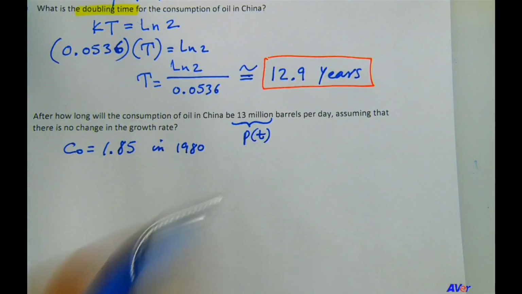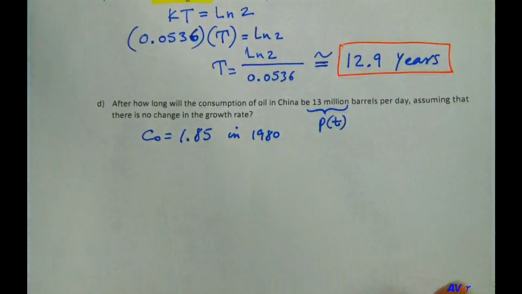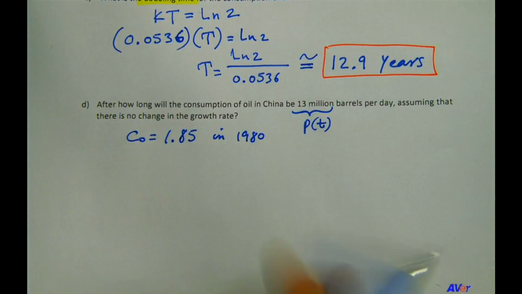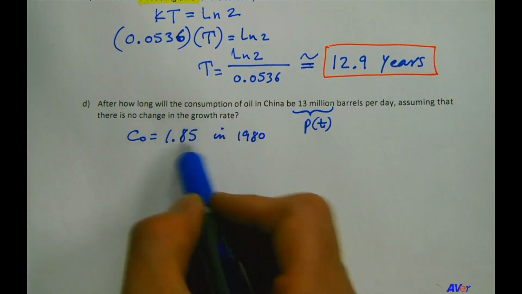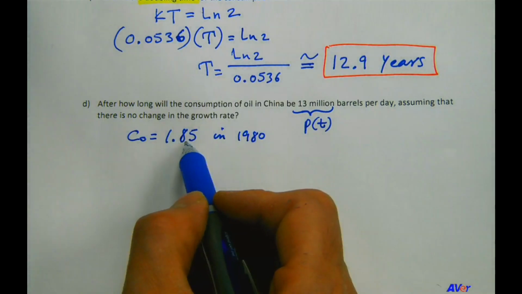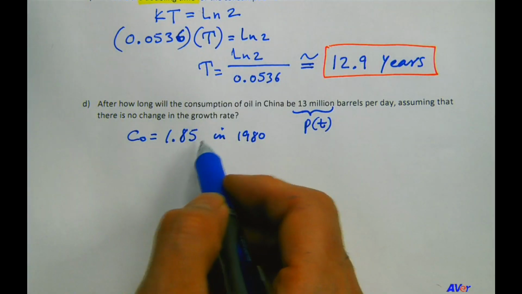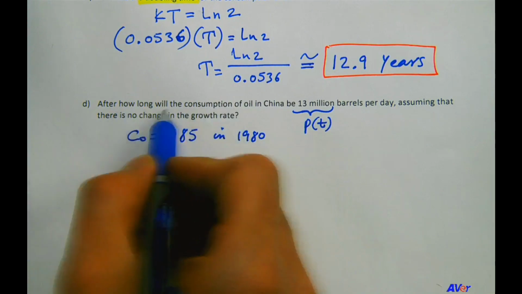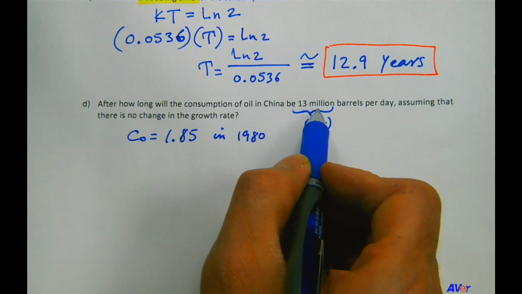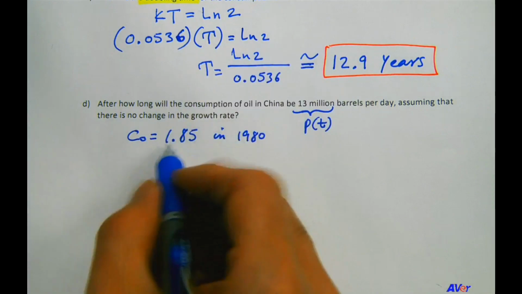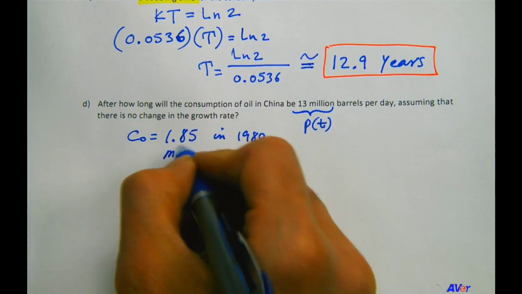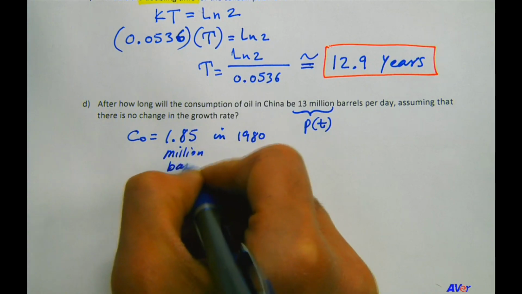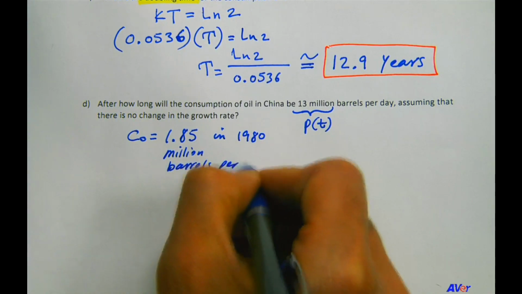They're saying given the fact that in 1980, China was consuming this much oil, million barrels per day, after how long will the consumption of oil in China be 13 million barrels? Okay, so this is a different question than that. So 1.85 million barrels per day. I want to make that clear.